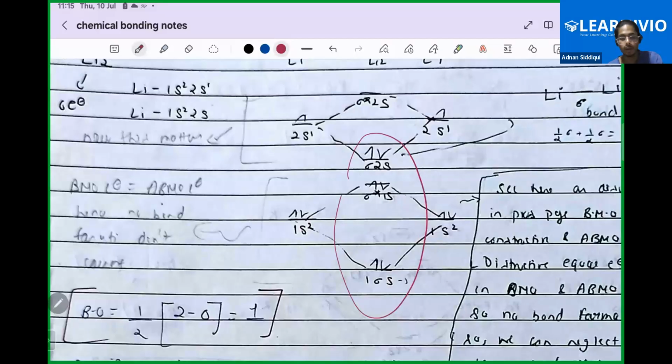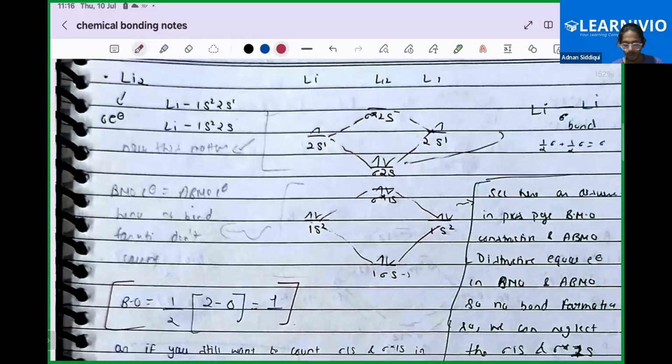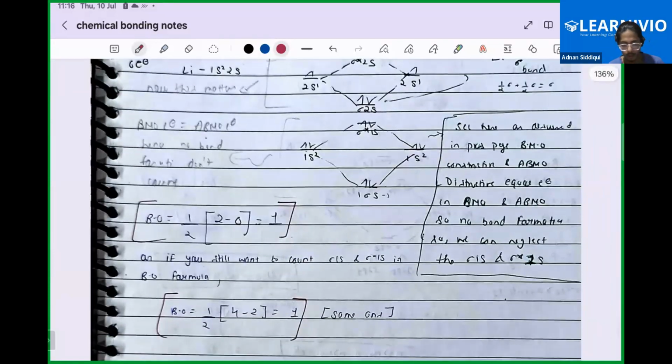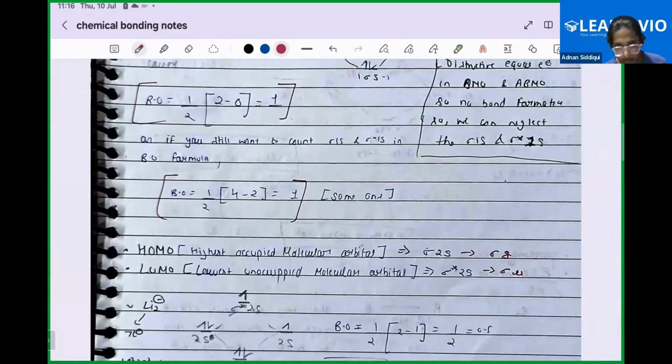The last molecular orbital with electrons, the one with the highest energy. Isn't it sigma 2s? So you will call this molecular orbital HOMO, the highest occupied molecular orbital.